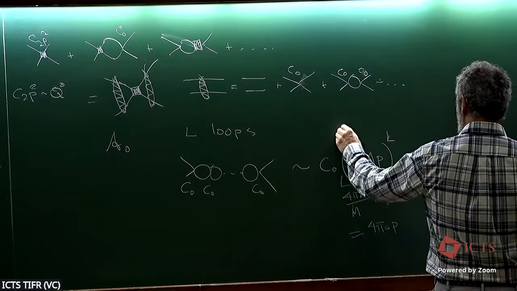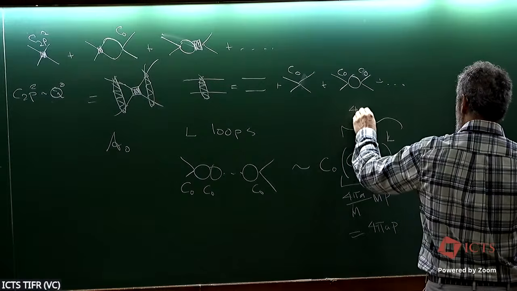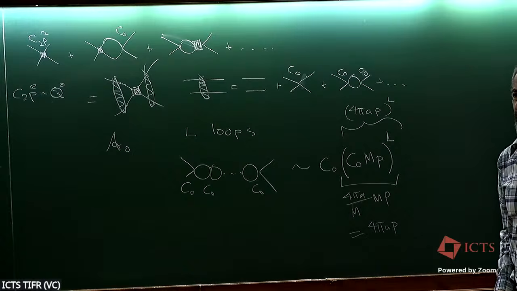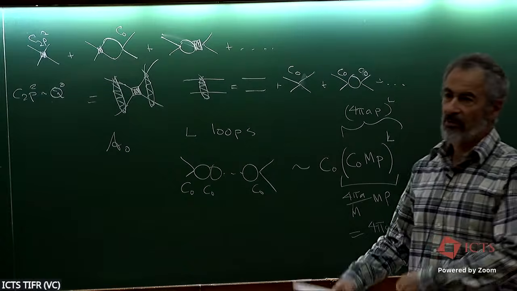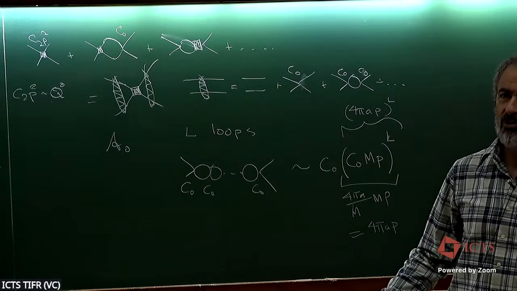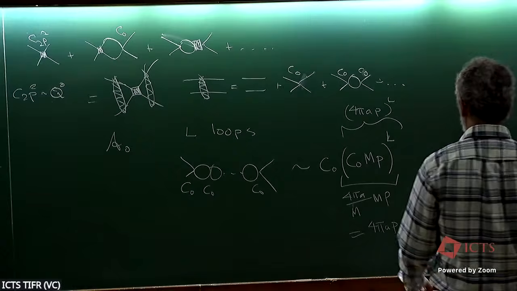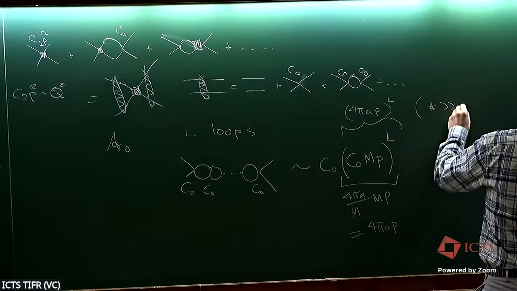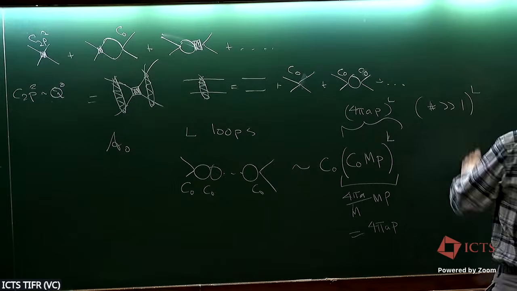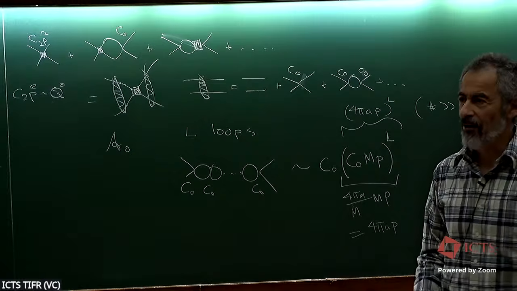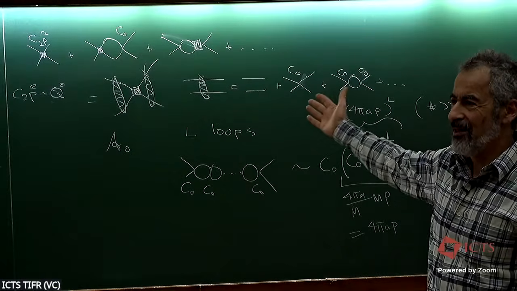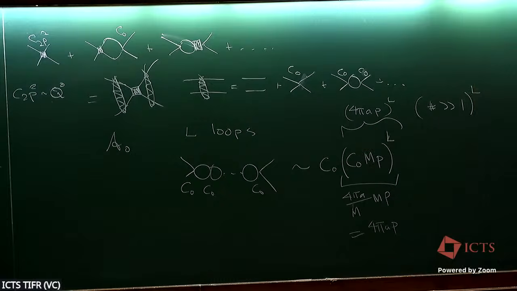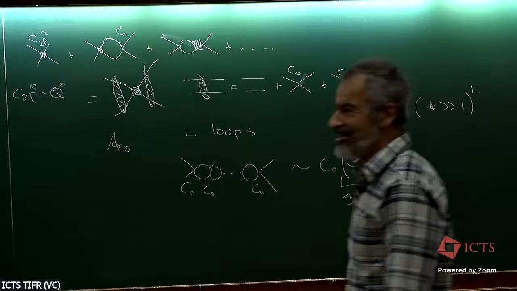So each thing goes like 4 pi AP to the L. And the whole point of doing this was we wanted to work at P much bigger than 1 over A. And so this is some number, which we're taking to be bigger than 1, raised to the L power. So formally we could do the geometric series, but every higher order loop is bigger and bigger. That's not a nice thing for an effective field theory.